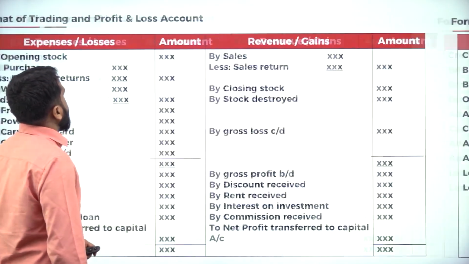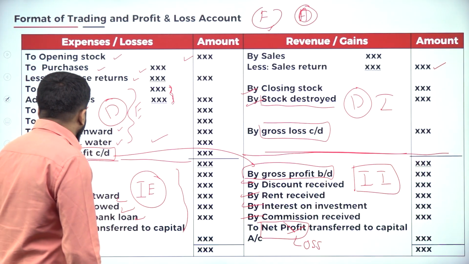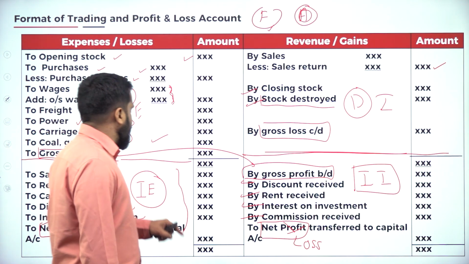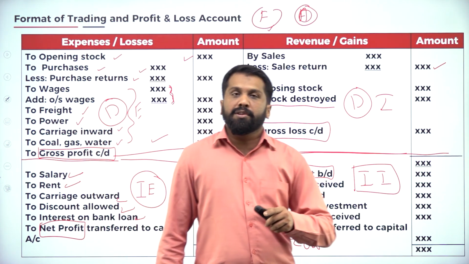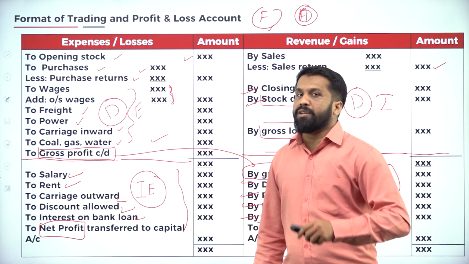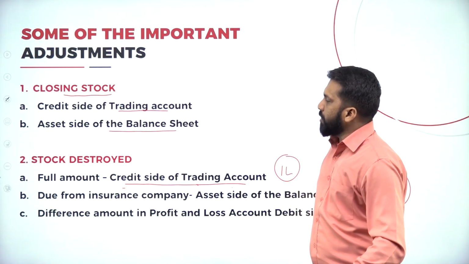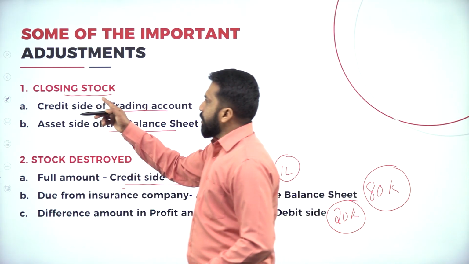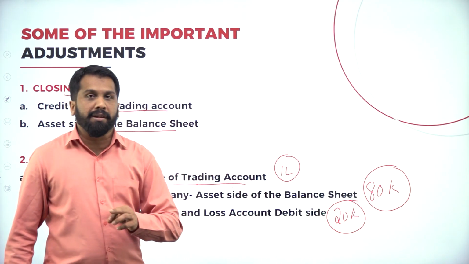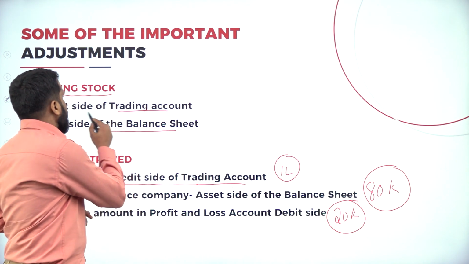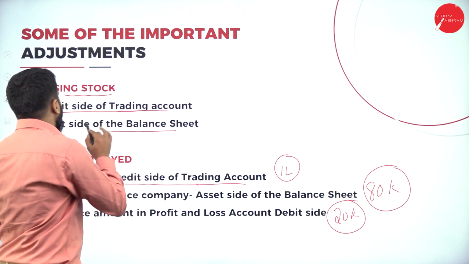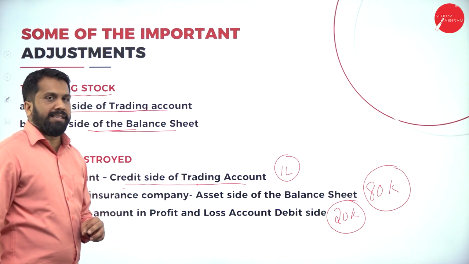Now, this is your profit and loss account. Here we will write whatever the difference is between your actual loss and what you actually claim from insurance. Hope you understood. This is your adjustment number 2. First, closing stock, what will you do? Remember, one trading account, credit side, another balance sheet, asset side.